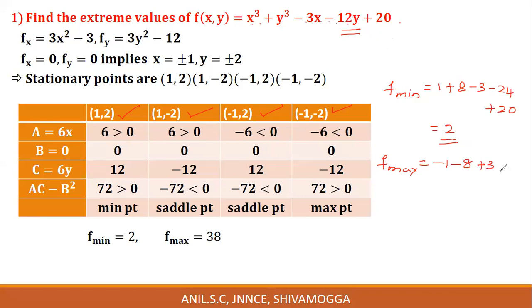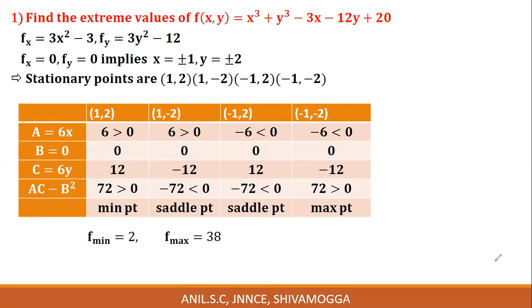Minus 12 into minus 2 is plus 24, plus 20. And this is equal to 38. These are the minimum and the maximum values of the function. So please make a note of this. If you have any doubts, you can mention in the chat box or you can message me later also. Make a note of this first.